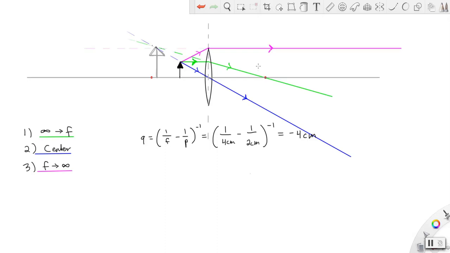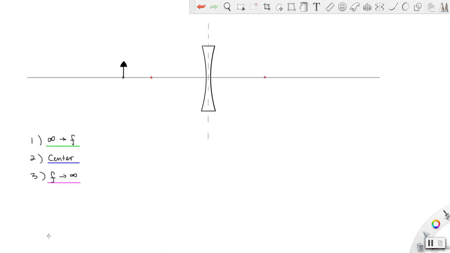So, okay, let's try again, but this time we're going to use a diverging lens or a negative lens. Okay, so we have the case of a diverging lens, or a concave lens, or negative lens.